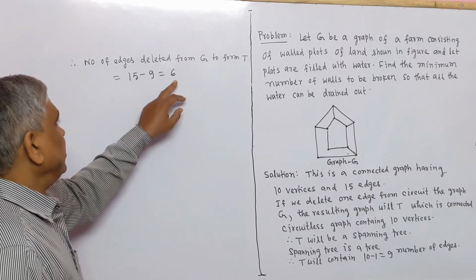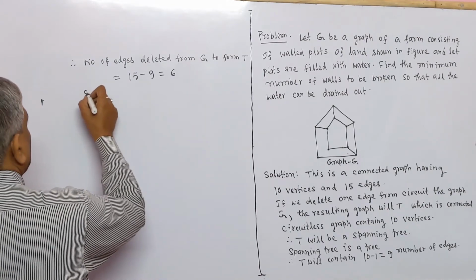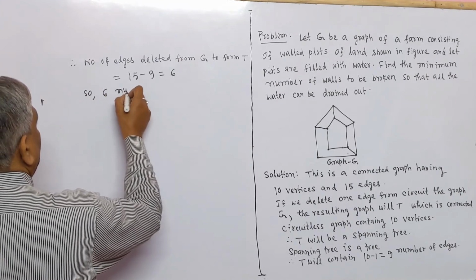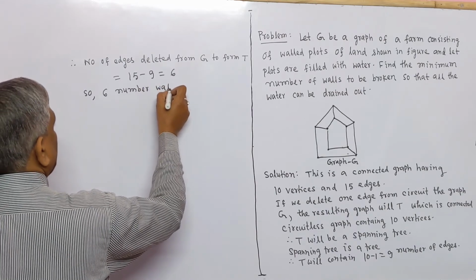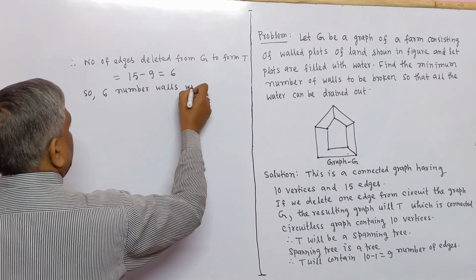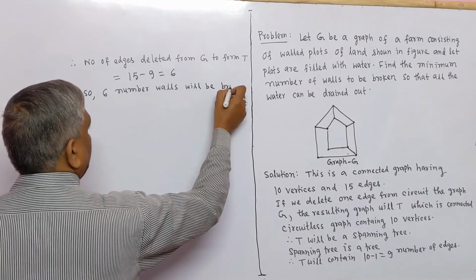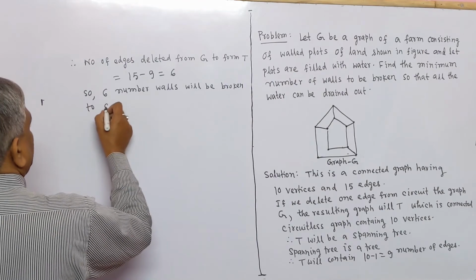So we delete 6 number of edges. So 6 walls will be broken to solve our problem.